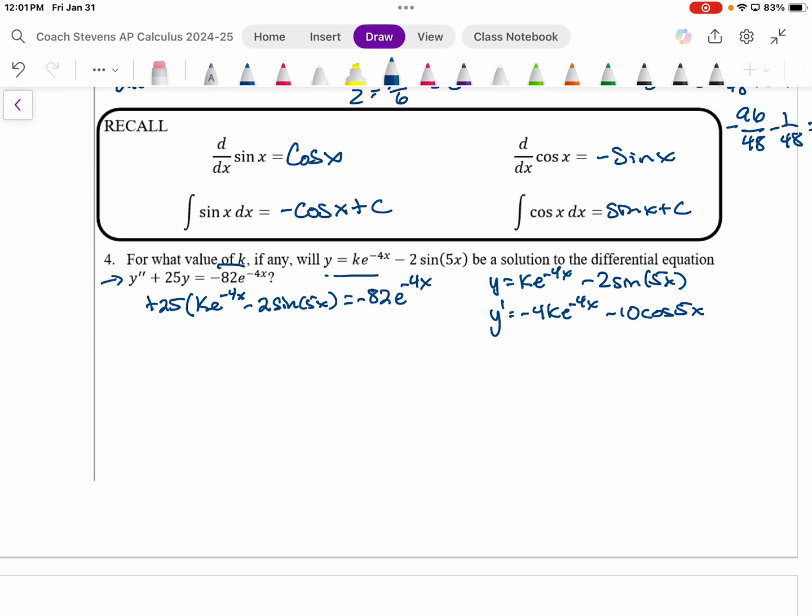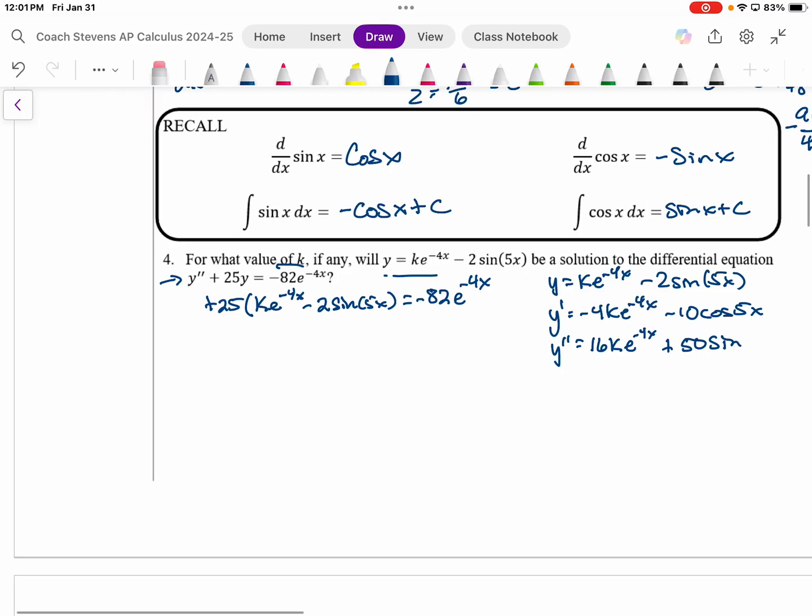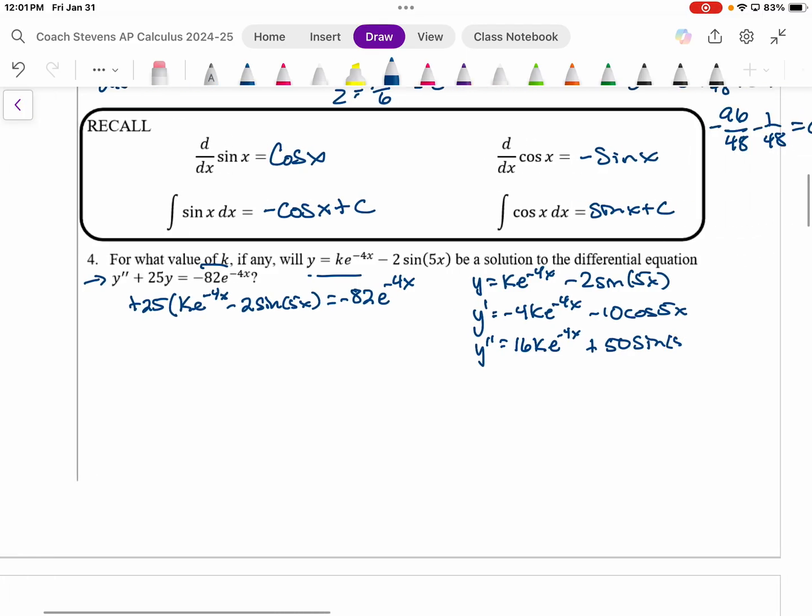All right, now that's the first derivative. We've got to find the second one. y double prime equals negative 4 times negative 4, which is positive 16k e to the negative 4x, and then I get to make this a plus 50 sine of 5x.